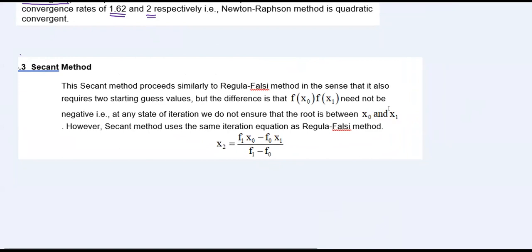Secant method proceeds similar to regula falsi method in the sense that it also requires two starting guess values. But the difference is that the product f of x0 and f of x1 need not be negative. That is, at any stage of iteration, we do not ensure that the root is between x0 and x1. However, secant method uses the same iteration equation as regula falsi method.